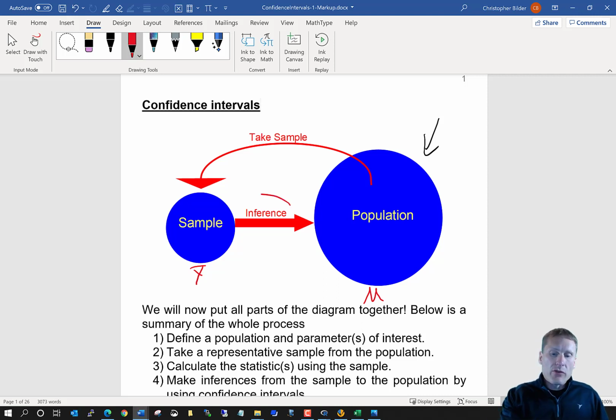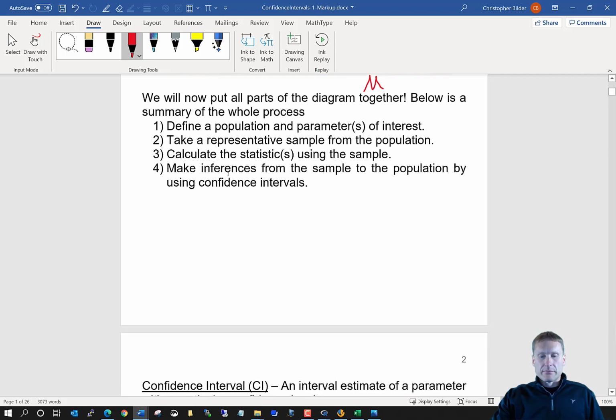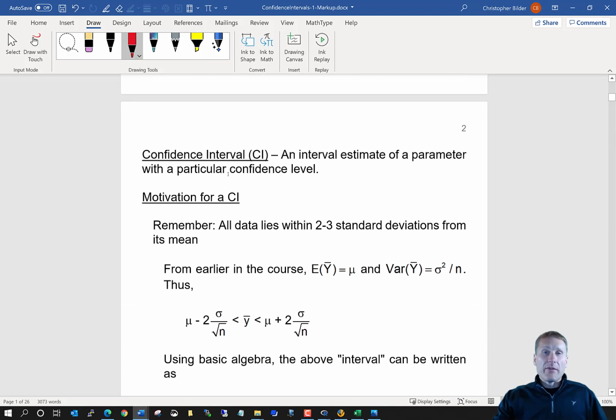And the way that we draw these inferences, or one way, is through using confidence intervals. So a confidence interval, or just CI for short, is an interval estimate of a parameter with a particular confidence level associated with it. So this confidence level gives us some information about how good this inference is.